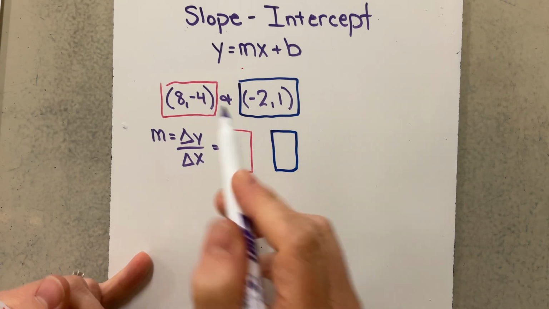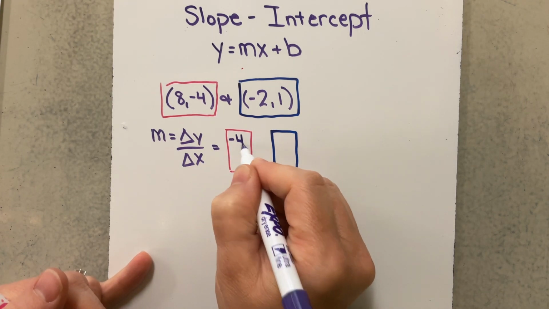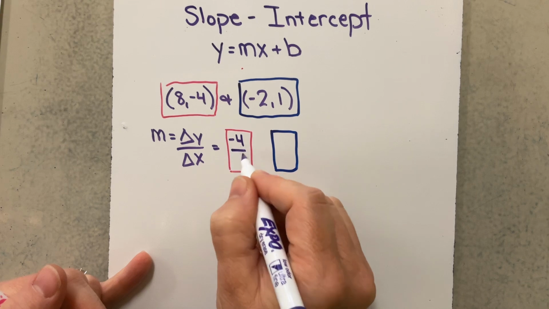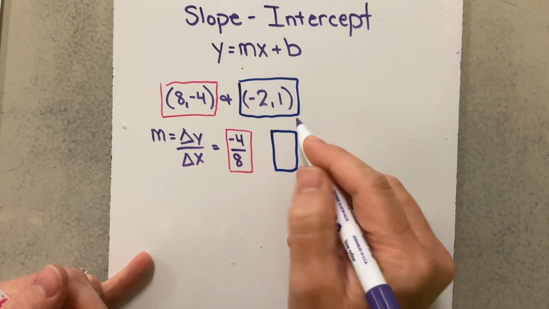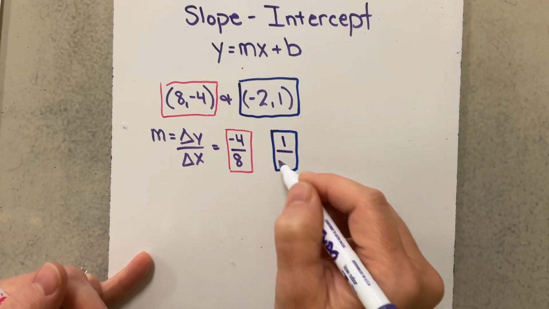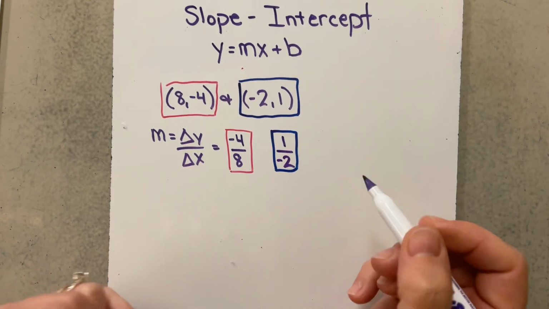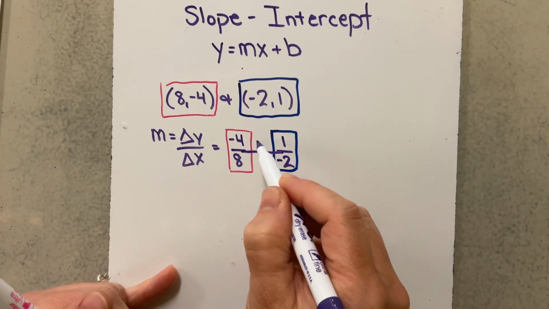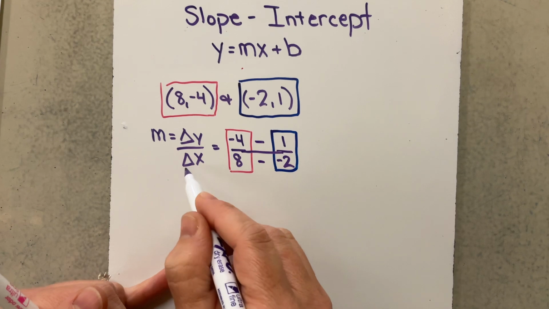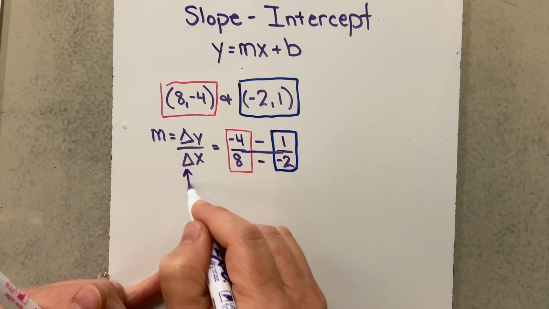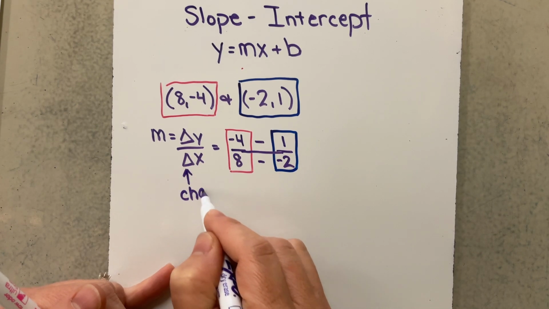Our y goes first. So I'm going to put my -4 over my 8. Over here, I'm going to put my 1 over my -2. And change always means subtract. So change, which is this triangle, means subtract.